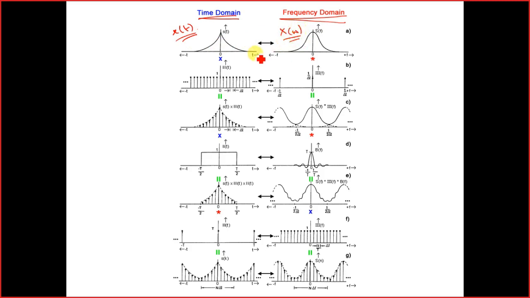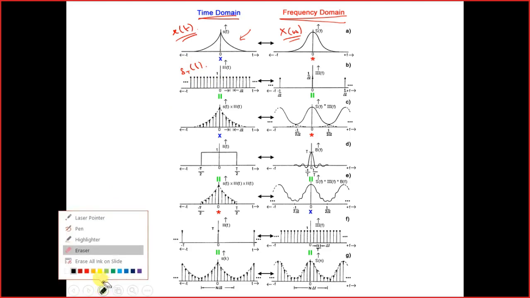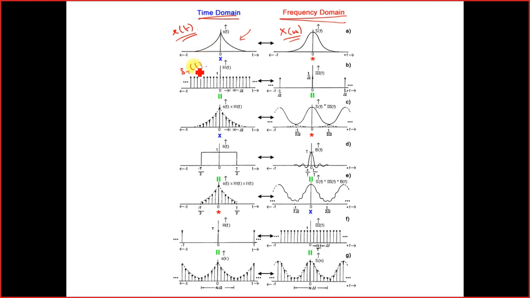To make this signal discrete, I have previously told you that we need to multiply with an impulse train. So this is the impulse train.